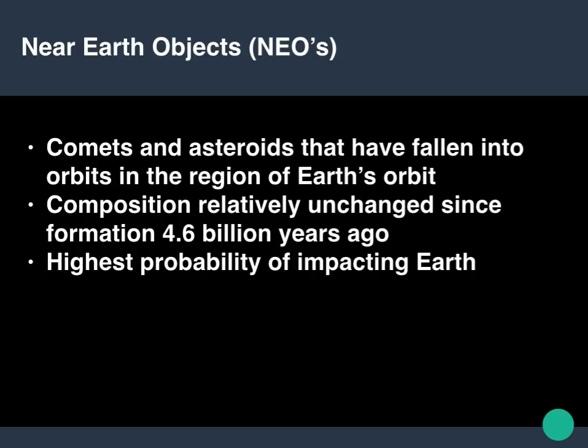There isn't a whole lot of interaction between these asteroids, which is good for us because it means we have a fairly clear orbit and don't come across them very often. But since they are the closest to Earth, they have the highest probability of impacting Earth.